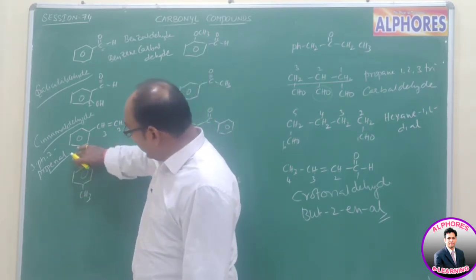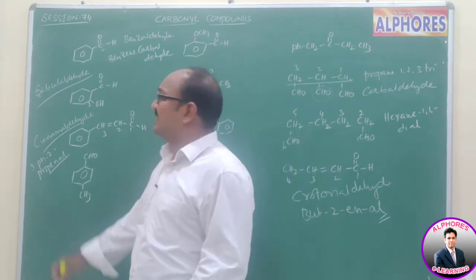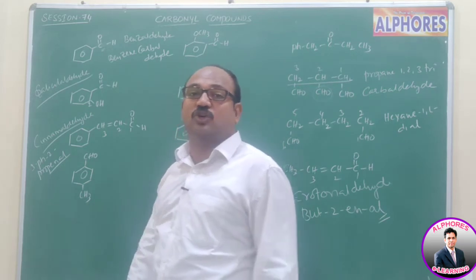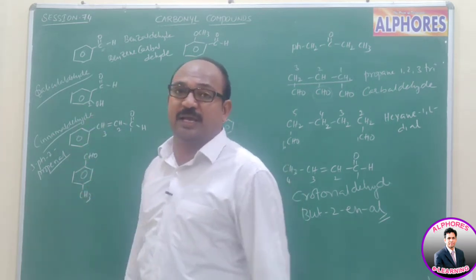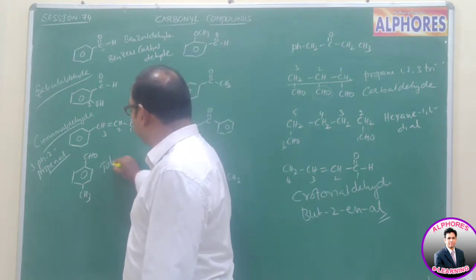This one is toluene actually. Benzene containing a methyl group is toluene. Toluene aldehyde, just like benzene aldehyde is benzaldehyde, is tolualdehyde. The IUPAC name is 4-methyl benzene carbaldehyde.